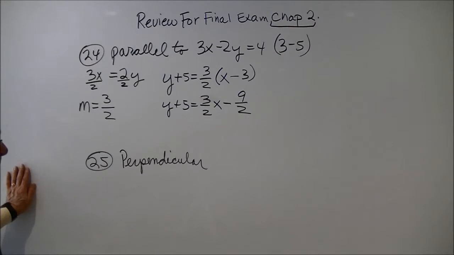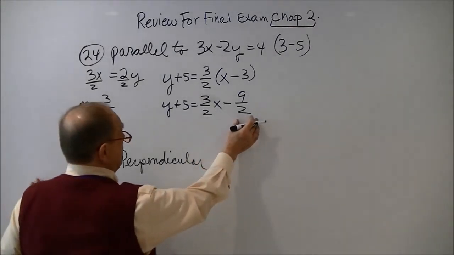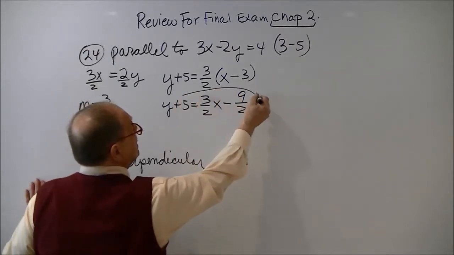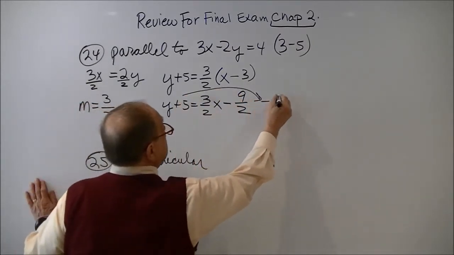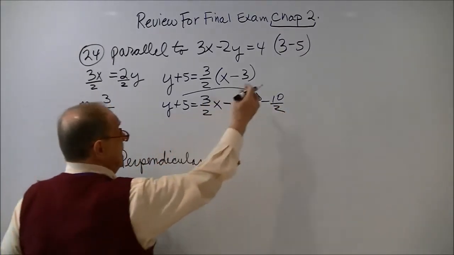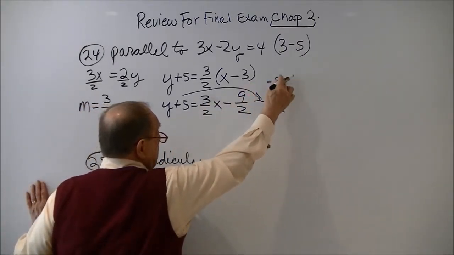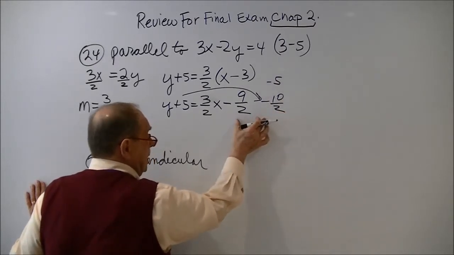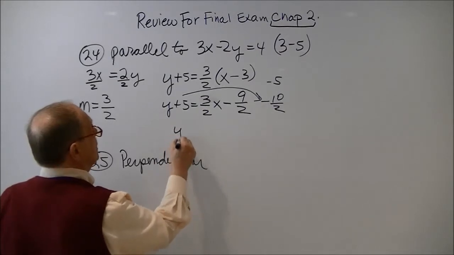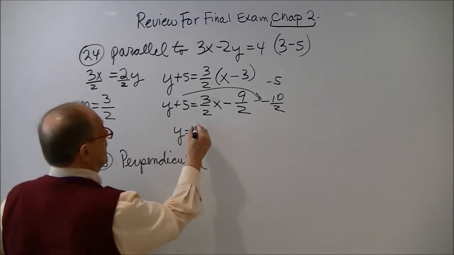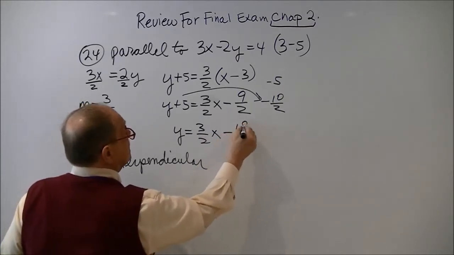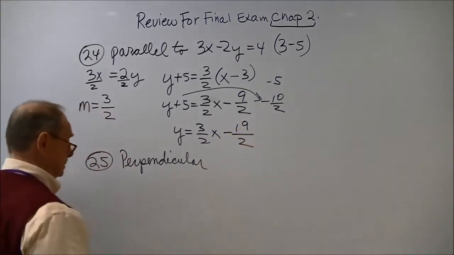So this is a case where we have a little fraction here, and then when we transpose this, that's going to give it a negative 10/2. Now it became a negative 5 that I converted so I could combine it with this. So my final equation now is y equals 3/2 x minus 19/2.